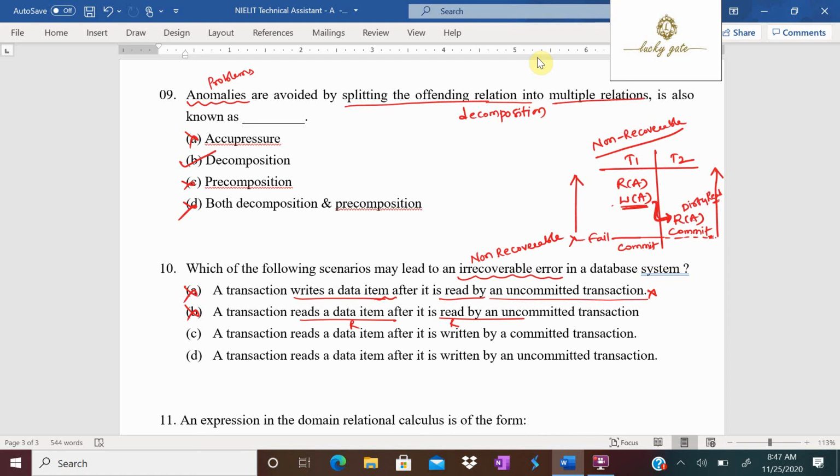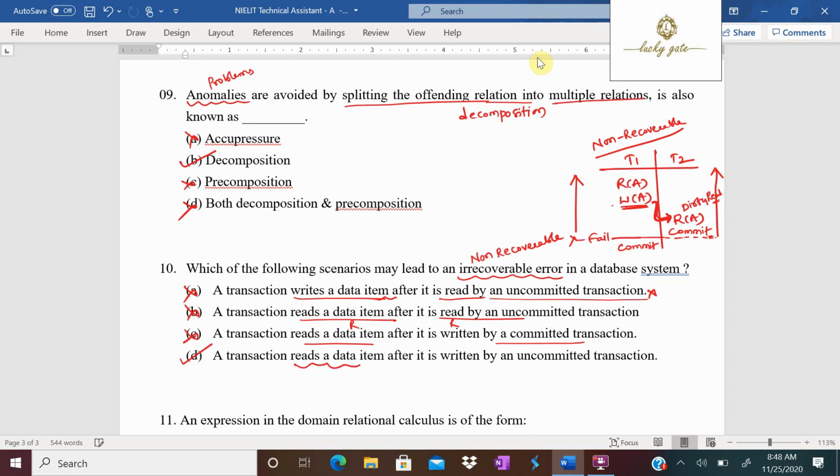Option C: a transaction reads a data item after it is written by a committed transaction. If it reads a data item from a committed transaction, it will not be considered a dirty read. But here in this case, dirty read is creating the problem. So option C is incorrect. What is left? Option D is the correct answer. Why?